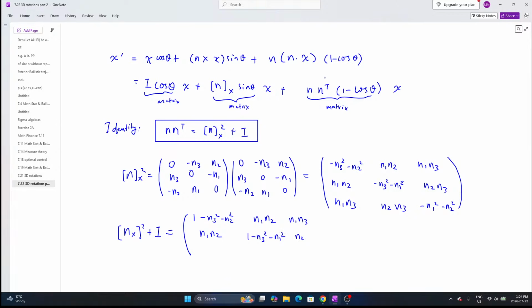So the idea is you can write n times n transpose in terms of this cross product matrix. So that's nice. Okay, so there's no mystery going on whatsoever. It's just brute force algebra.